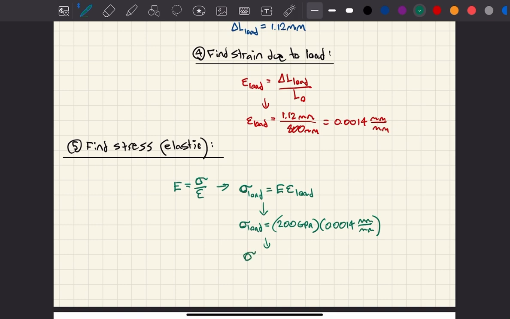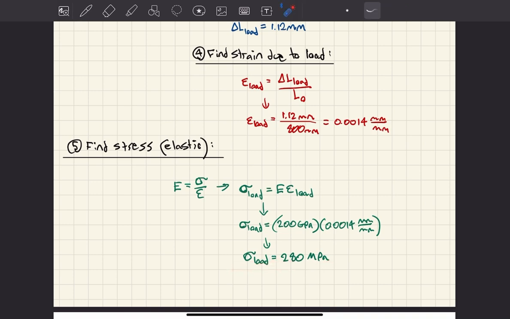I need to calculate this because I made a mistake before. 200,000 multiplied by 0.0014, you're going to get a value of 280 megapascals as your stress due to the load.